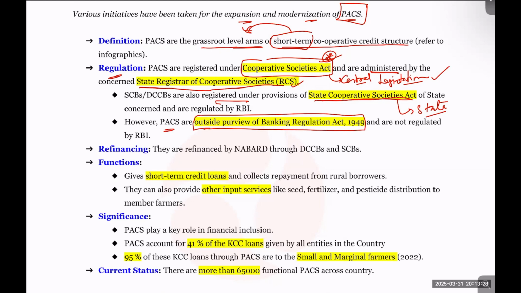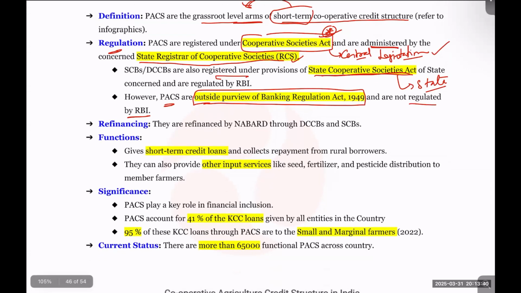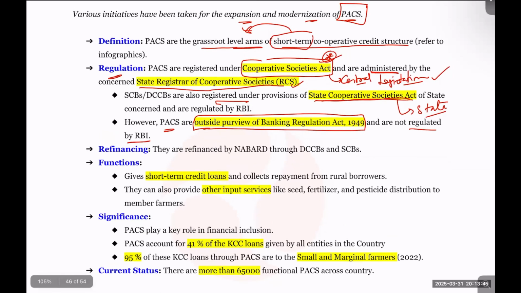So the Banking Regulation Act doesn't apply to them, and hence they are not regulated by RBI. So you should remember that RBI is not the body which regulates it, but it is the State Registrar of Cooperative Societies, RCS. RCS is the main body responsible for regulation of this sector.